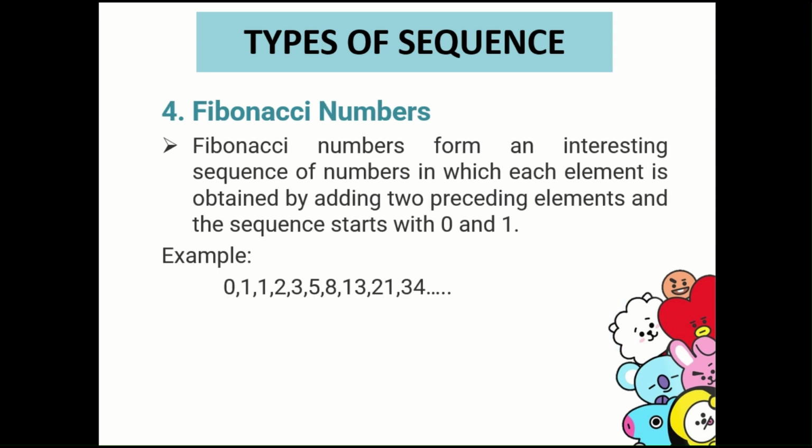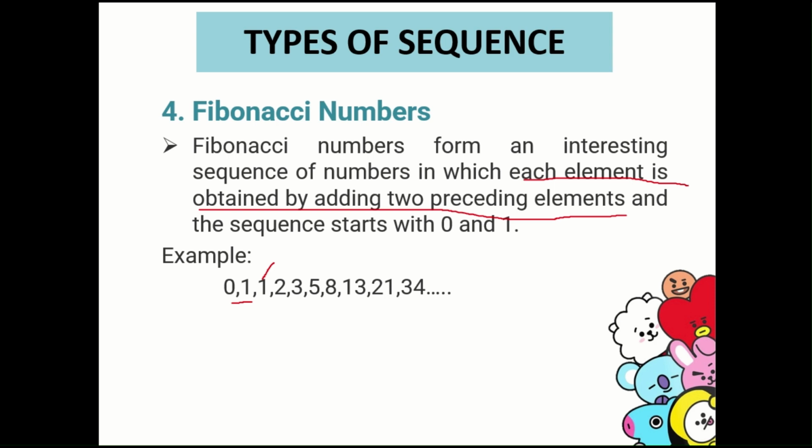Moving forward with Fibonacci numbers. By definition, it forms an interesting number sequence in which each element is obtained by adding the 2 preceding elements, and the sequence starts with 0 and 1. So for example, these are my 2 preceding numbers. So it should be 0 plus 1, 1.